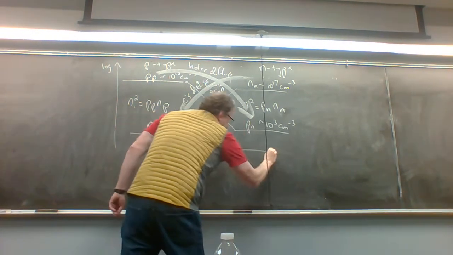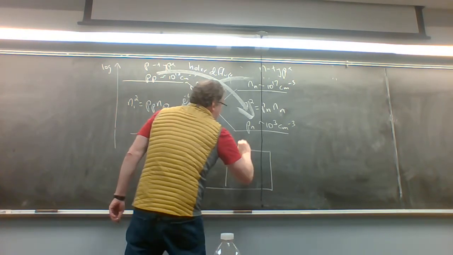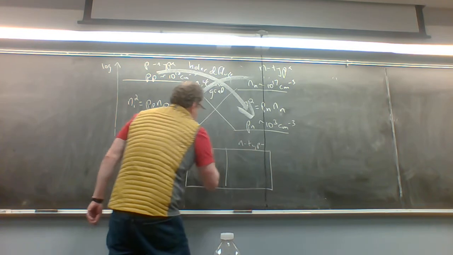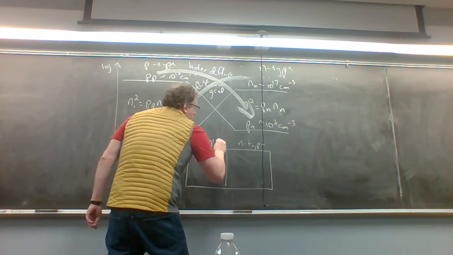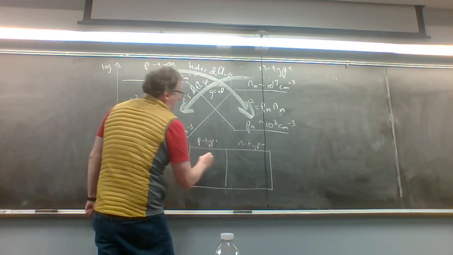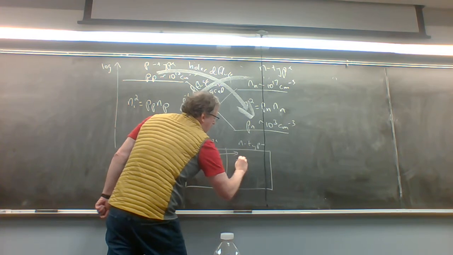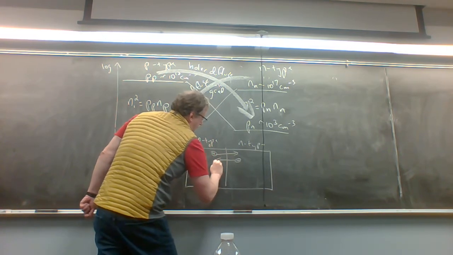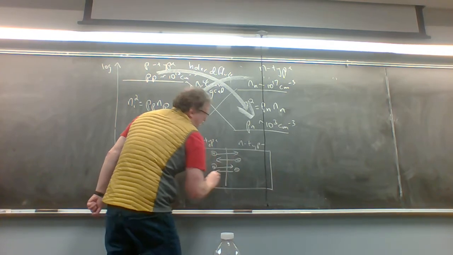So now this is N-type and P-type. And so holes are going this way, electrons are going this way, right?